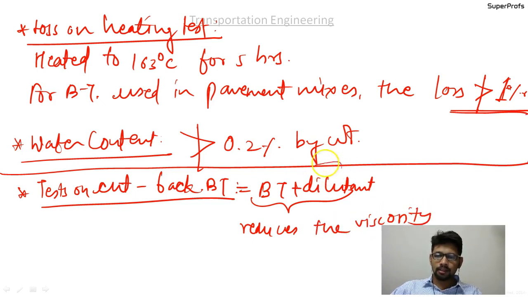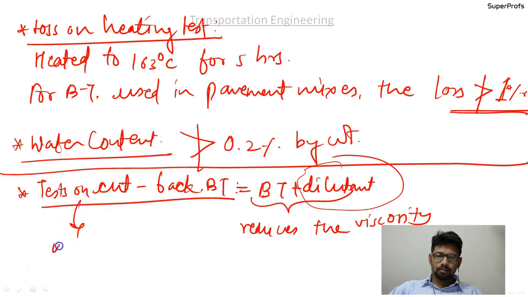After some time, this diluent being volatile, it evaporates and only bitumen is left behind. Okay, and you can use it the way you want. It is just like the nail paint that we use, exactly the same scenario. There also we have some diluent, and after some time the diluent gets evaporated in a few of the cases.